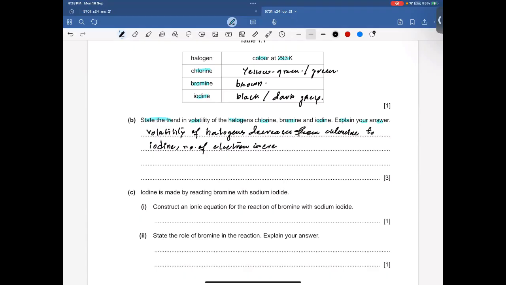And when the number of electrons increases, obviously the strength of van der Waals forces increases. Van der Waals forces are also called temporary induced dipole-dipole forces.